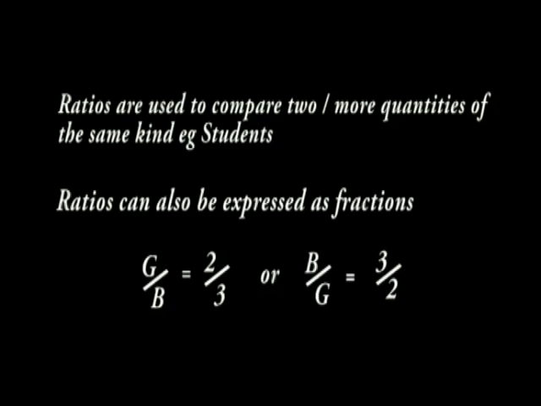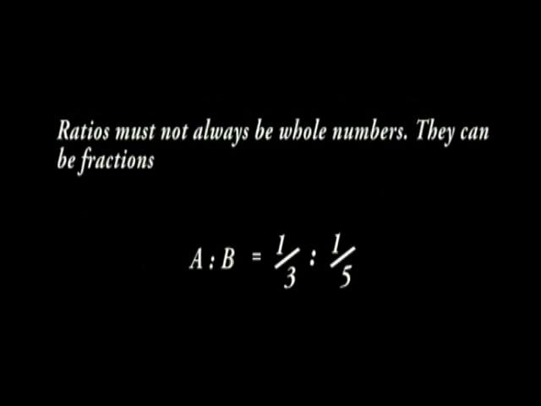It is important to note that ratios must not always be whole numbers. They can be fractions. For example, A to B is equal to a third to a fifth.